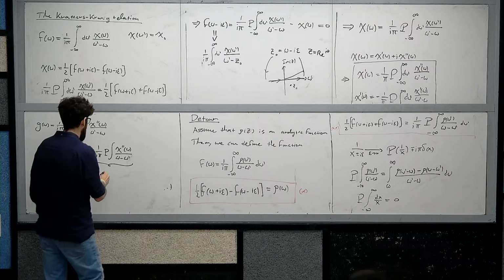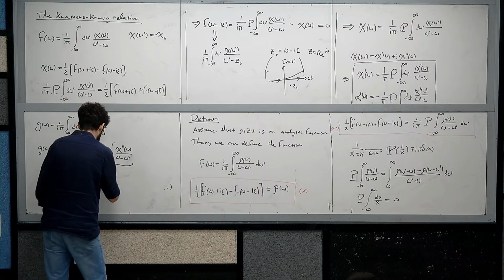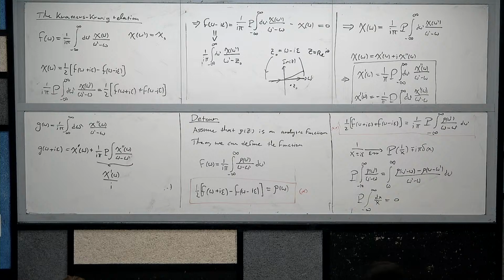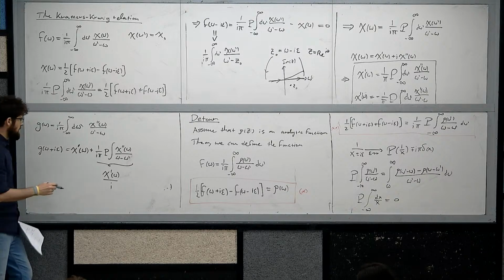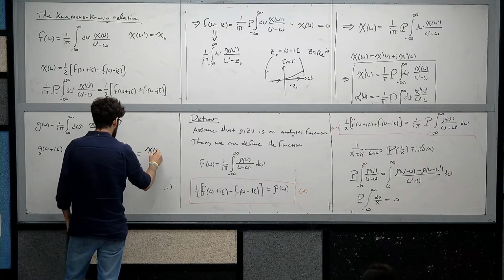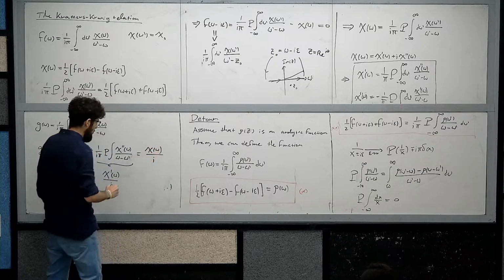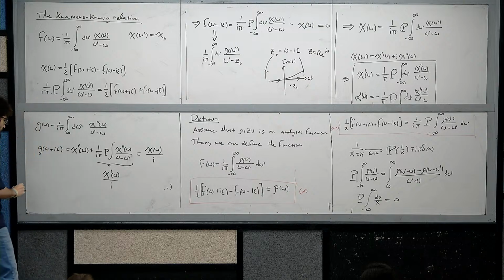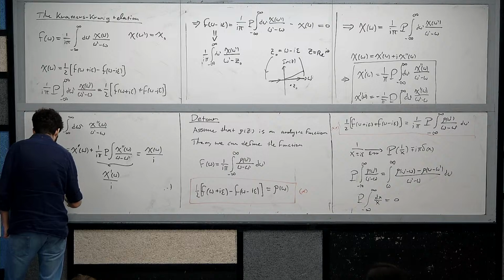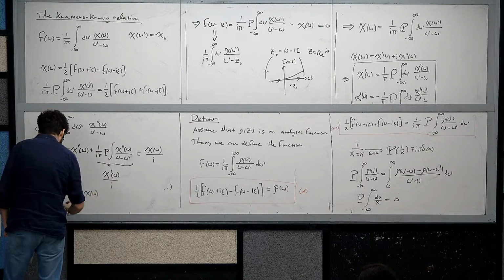This gives me chi prime of omega divided by i, right? So it means that this whole thing here is like chi of omega divided by i. So what we get is that g of omega plus i epsilon times i is chi of omega.